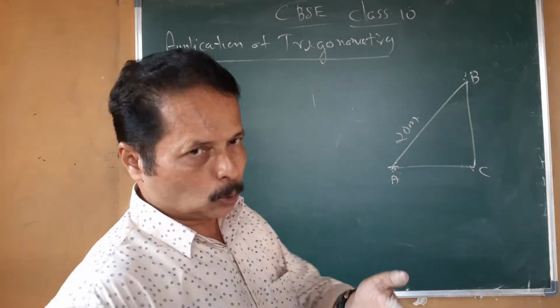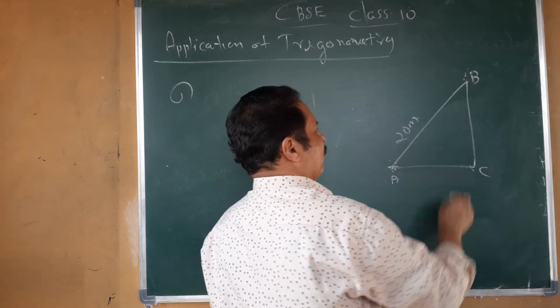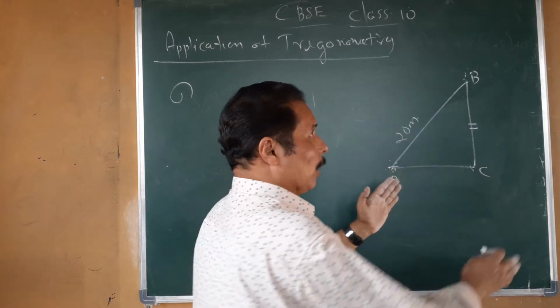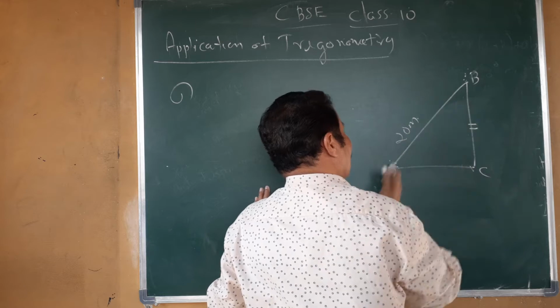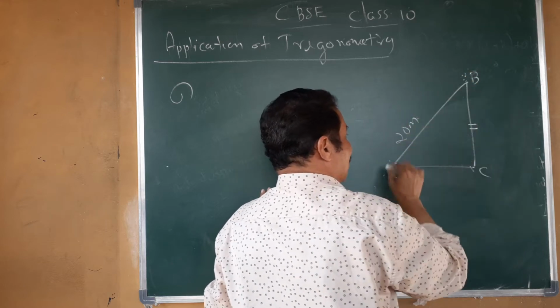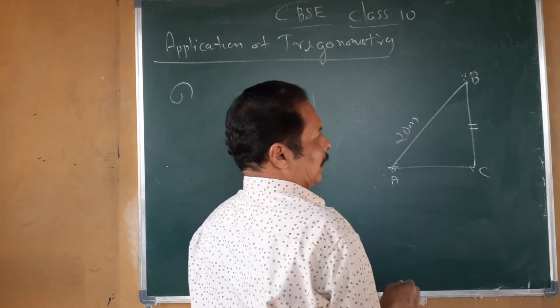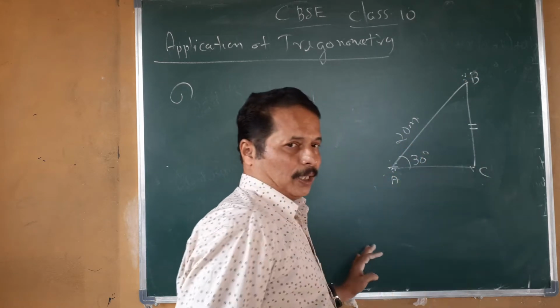You look at page number 203, you see that. Okay. And this is given 20 meter. Find the height of the pole. One pole. Then it is stretched like this. The length of the wire, that is the rope, is 20 meter. Find the height. And it is given this is 30 degree.